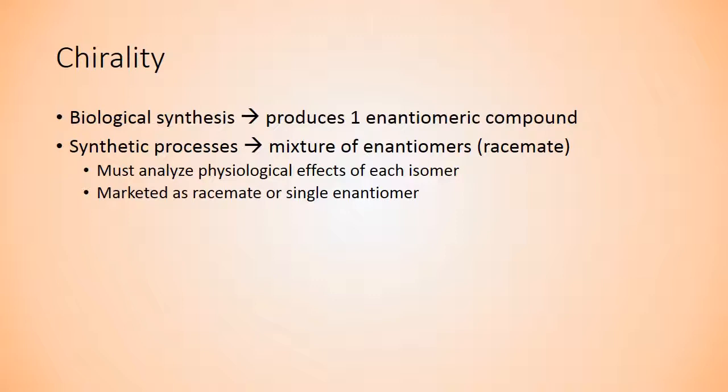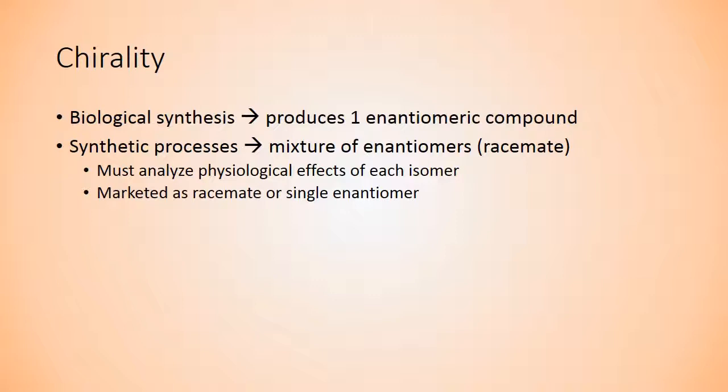However, when we're creating these compounds within a laboratory, we actually will start to get a mixture of enantiomers because we don't really have a good way to control how just the one structure is formed. So the compounds are going to be making all possible structures to make as much as possible. And this is what we call a racemate.